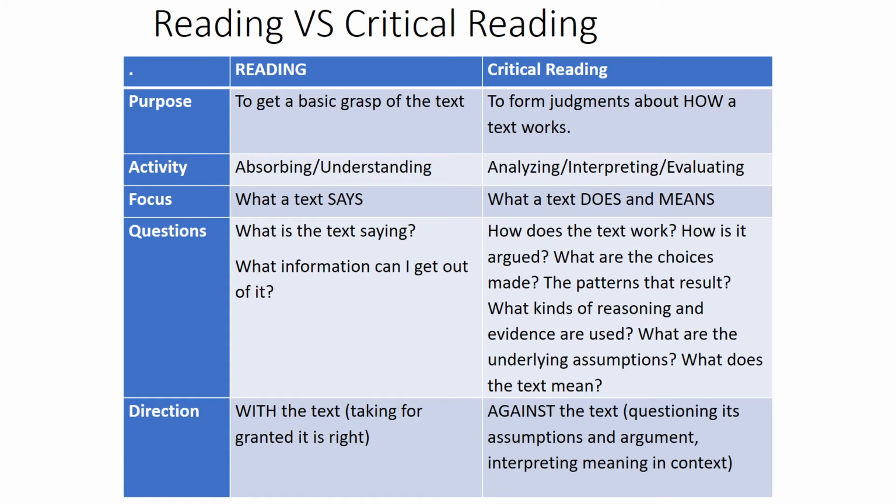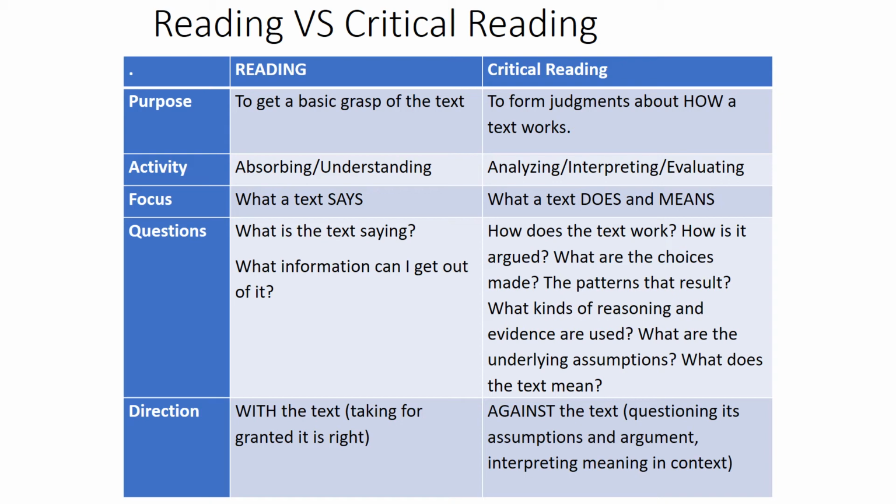So, if we compare reading and critical reading, as we can see in this chart, we can really identify the difference between what you used to do and what you're expected to do in this course. The purpose of regular reading is to get a basic grasp of the text. However, the purpose of critical reading is to form judgments about how a text works.